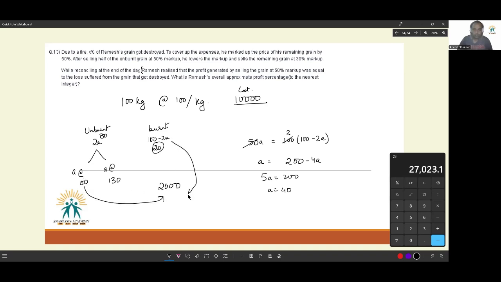The loss from the burnt grain is minus 2000. The net profit is only here, 40 into 30, 1200. So on a cost of 10,000, the profit generated is 1200. 1200 by 10,000 into 100, profit percentage will clearly be 12.